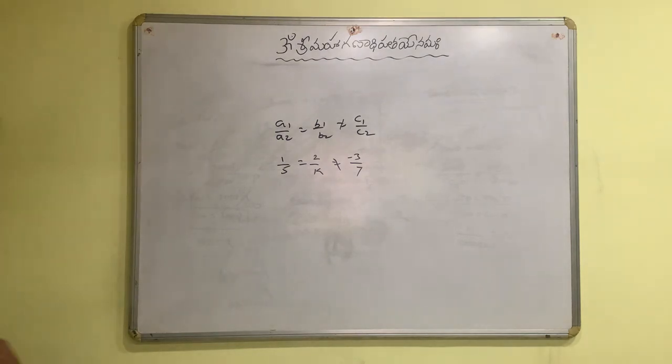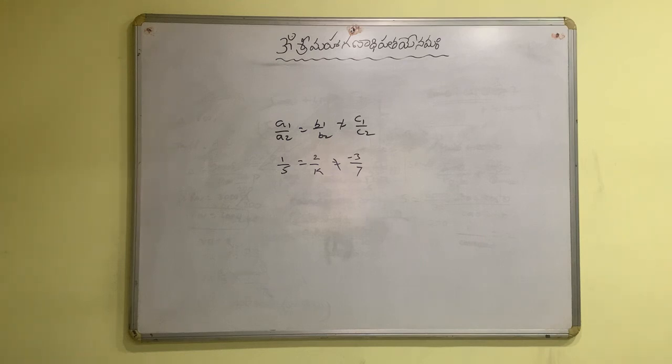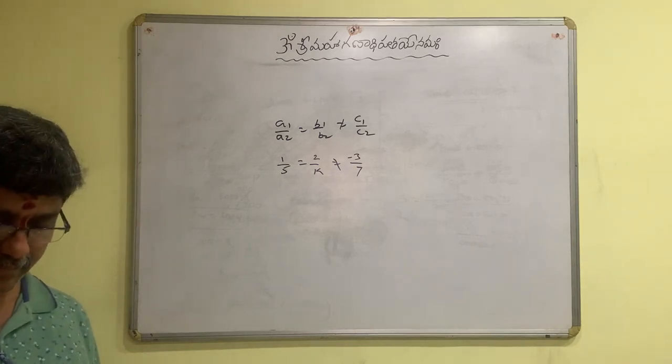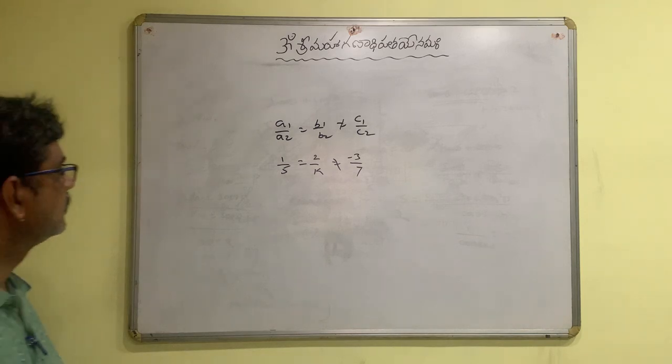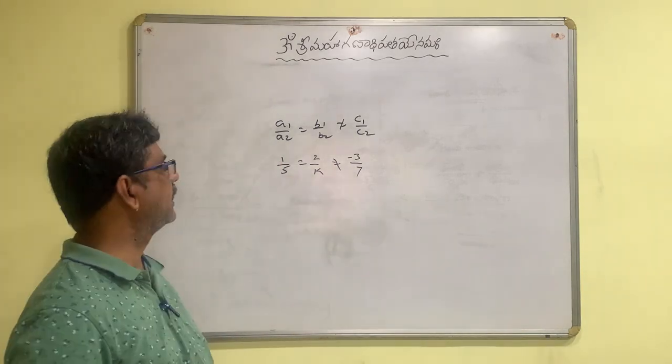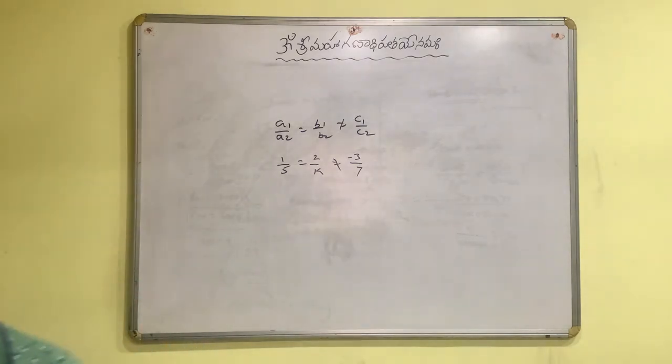K is not equal to minus 14 by 3. What is the K value here? 10, correct. Do cross multiply. K is equal to 10.